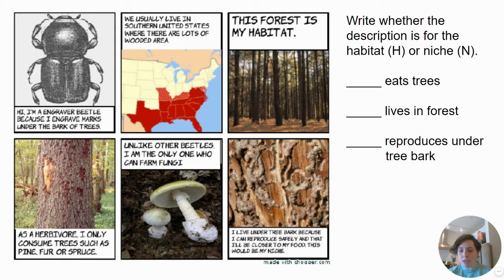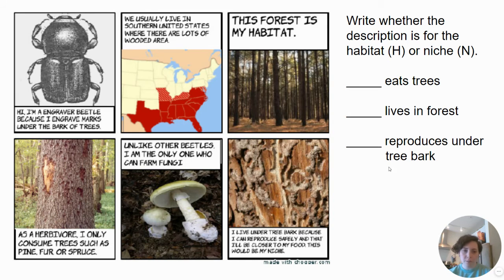As an herbivore, I only consume trees such as pine, fir, or spruce. Unlike other beetles, I am the only one who can farm fungi. So little fun fact for you. And I live under tree bark because I can reproduce safely, and so that I'll be closer to my food. This is considered my niche.